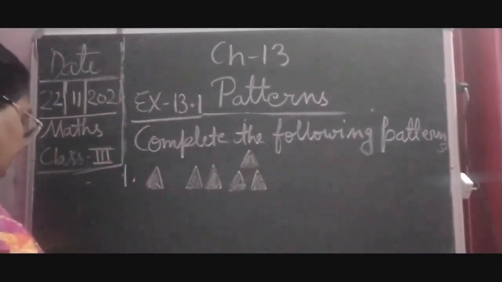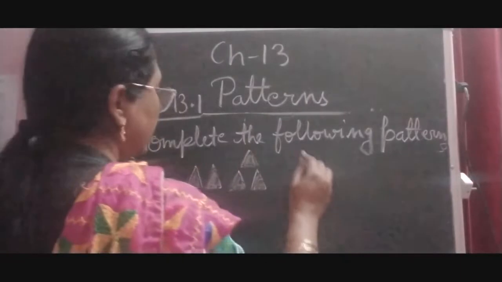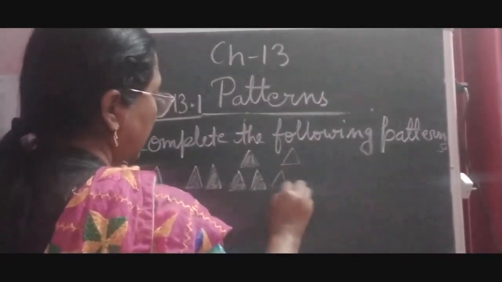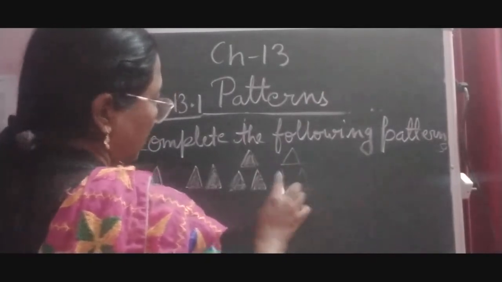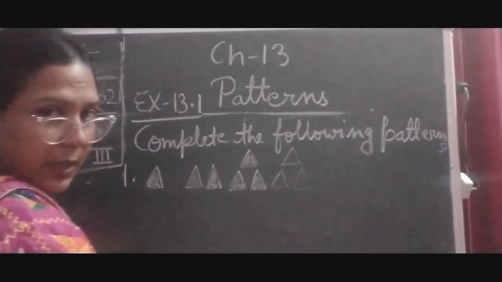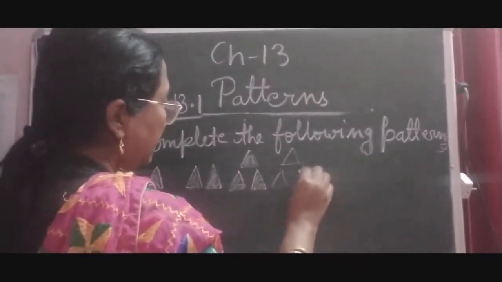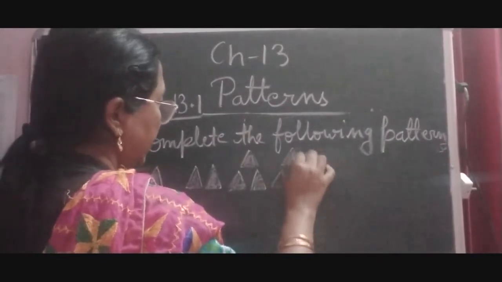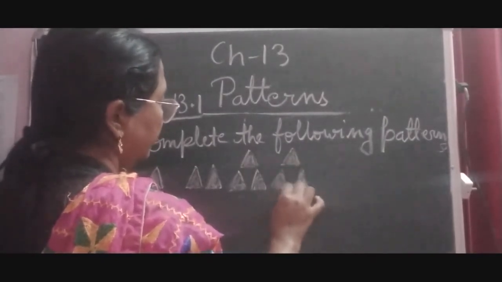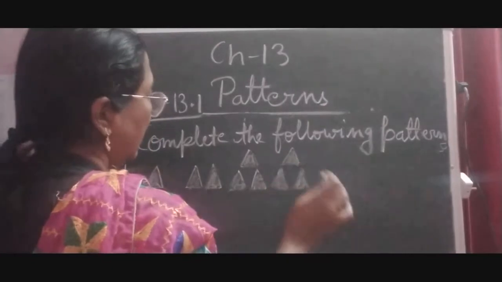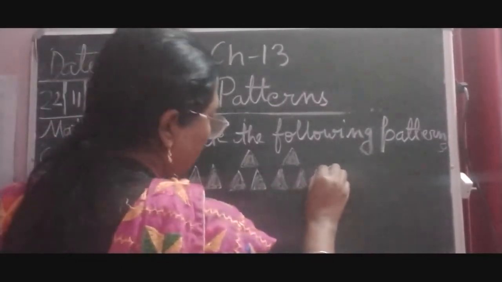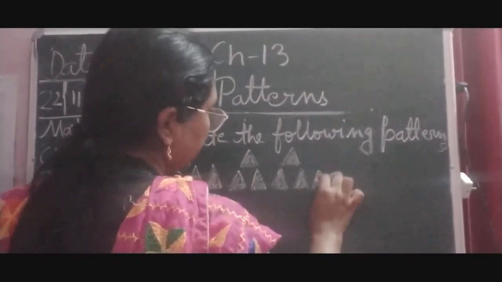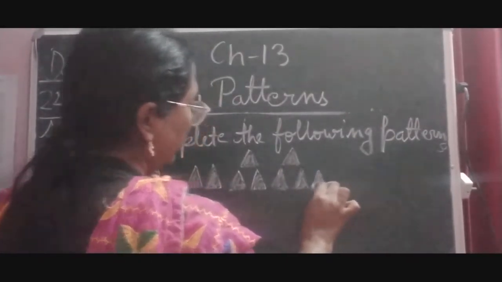Okay children. Now in the fourth you can see there are 3 triangles. They are in the similar shape and it is also shaded in blue colors. Okay. Now beside these 3 triangles you can see one more triangle.